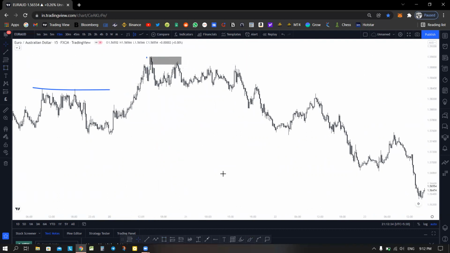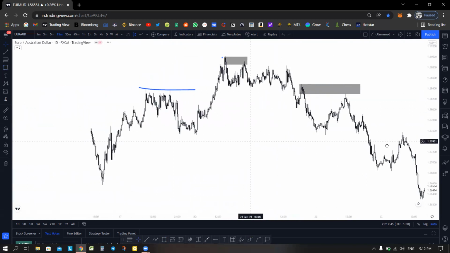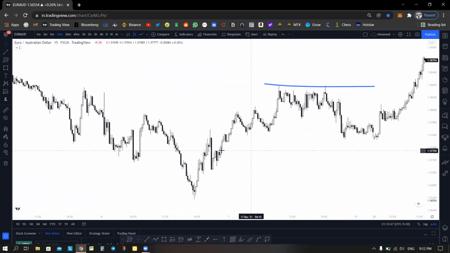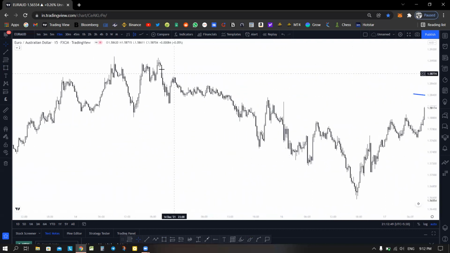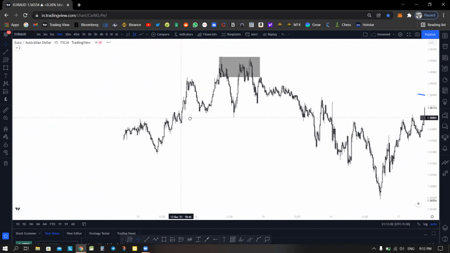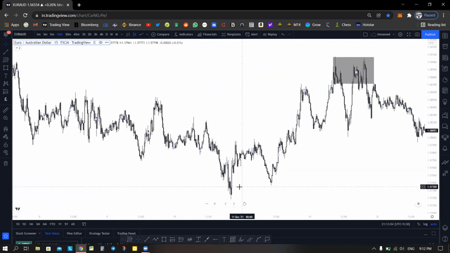This one, okay. This one, yeah, this candle as well. This one took out liquidity. This bullish candle will be your good order block to use as a point of interest.